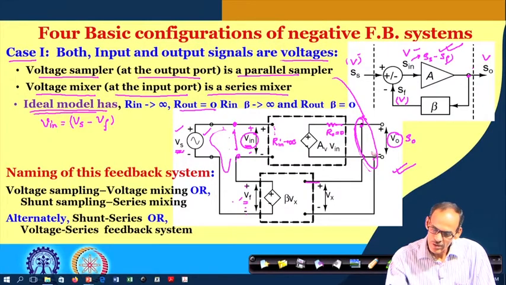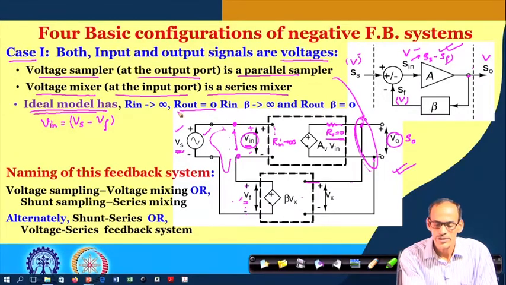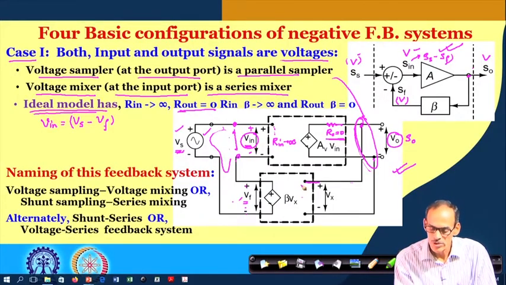So, since the resistance here is 0, whenever we are trying to tap the signal for the feedback network, it is not creating any loading effect. In fact, we have a double precaution, R O or R out is 0.